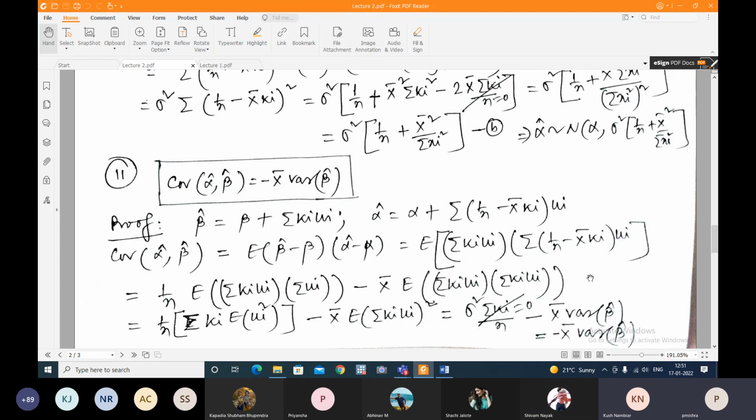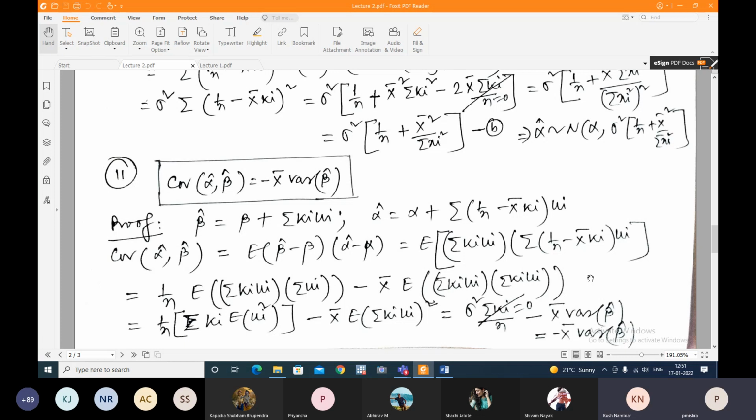Sir, and second, yes, alpha hat is not exactly equal to alpha, or beta hat is not exactly equal to beta, but I will prove later on mathematically that these alpha hat and beta hat, the OLS estimators of alpha and beta, will satisfy their desirable properties.